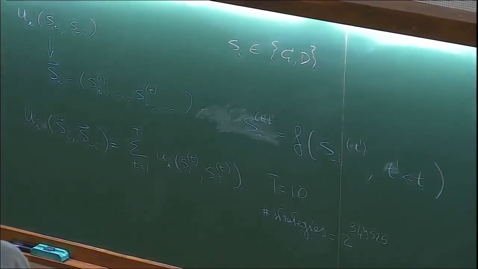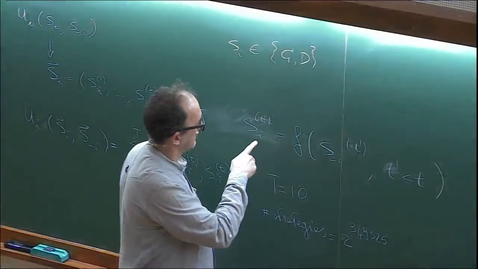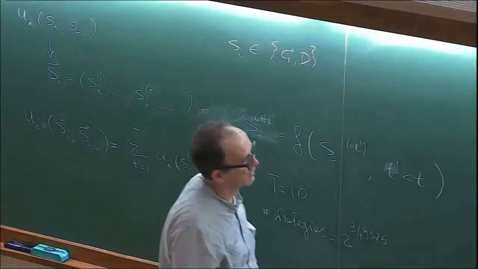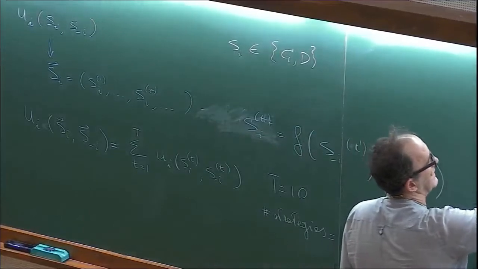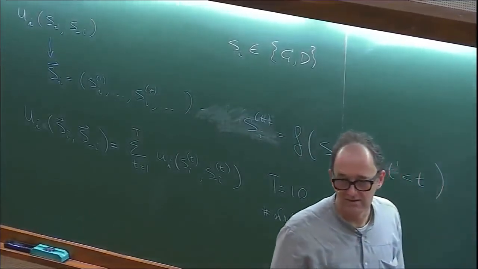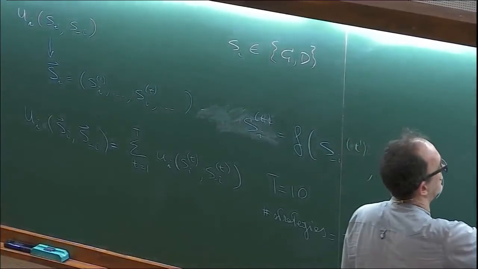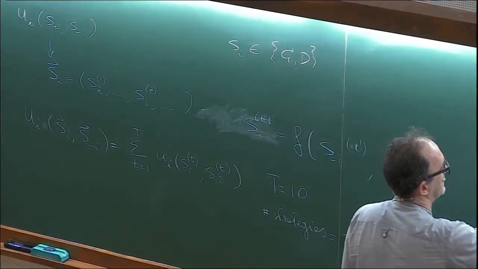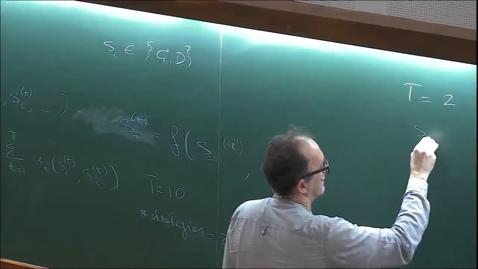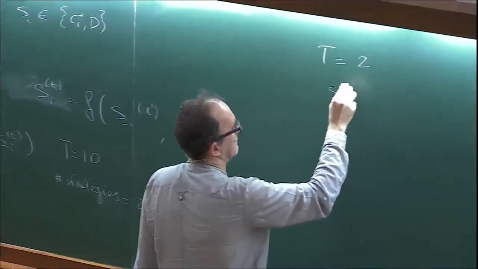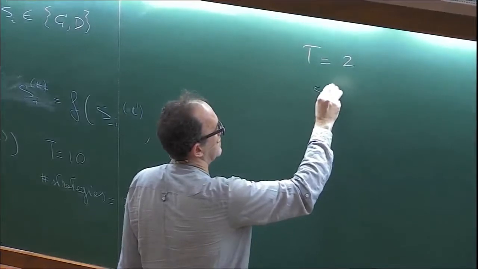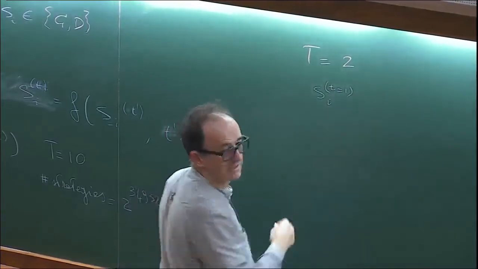Can you please break it up into parts, like how do we reach 2 to the power that big? Okay. Let's look at t equal to 2. The strategy of player i at time 1 can be chosen in just 2 ways.